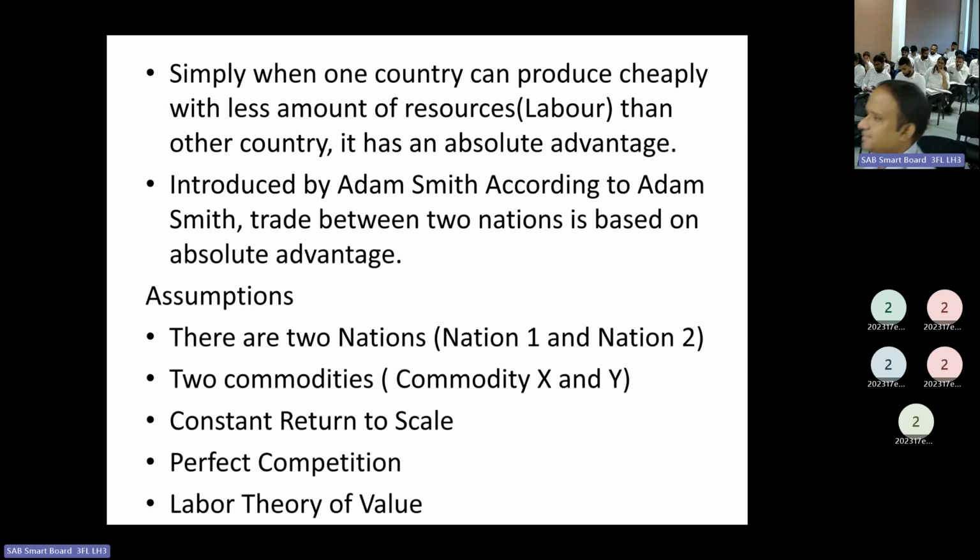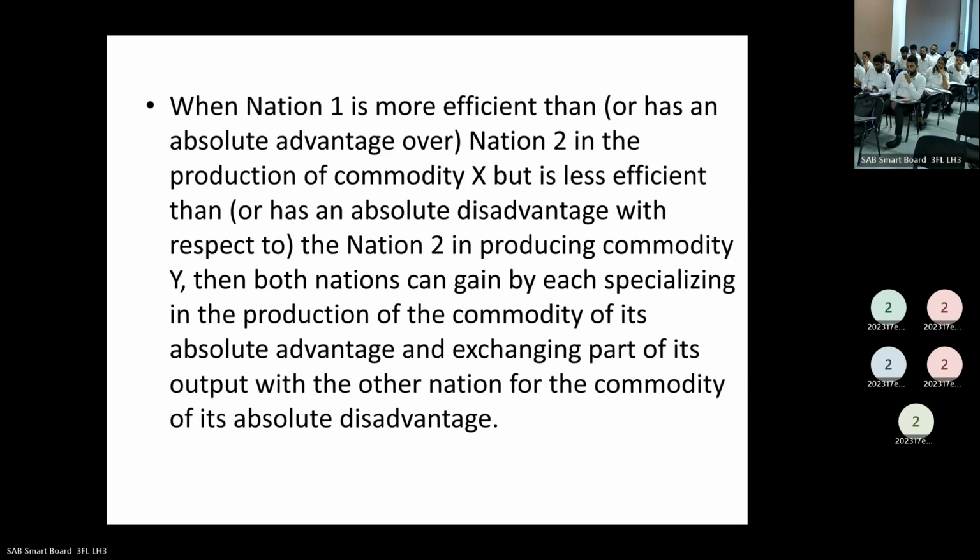So that's why we take the production process as mainly depending on the resources. The resources mean the labor inputs that we use. That explains the labor theory of value. Now we know that two nations are there, two countries.